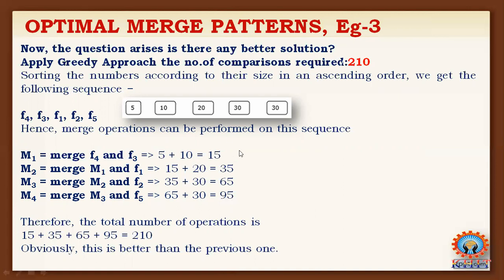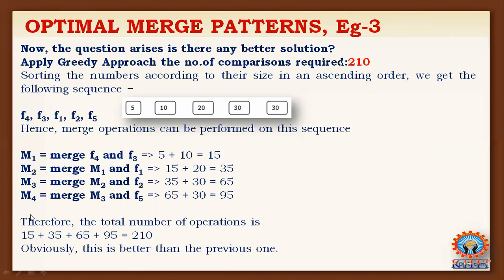Once the files are merged, you can find the total number of comparisons required by adding all the merge results. You simply add 15 plus 35 plus 65 plus 95. The total number of comparisons required is 210.